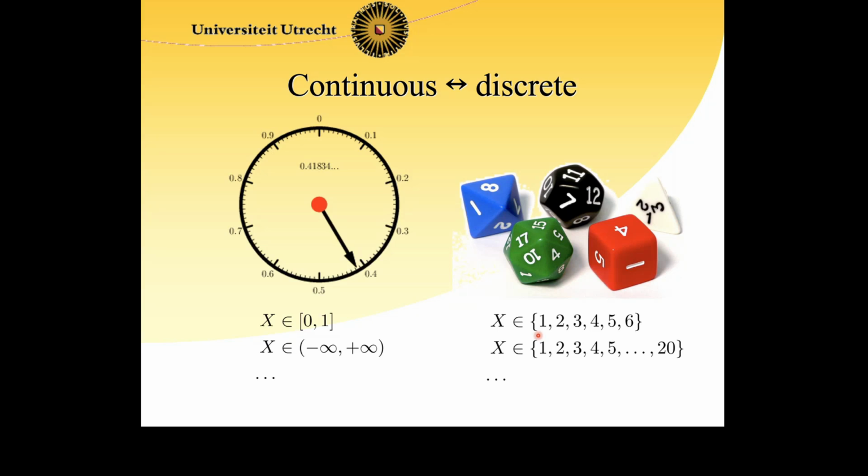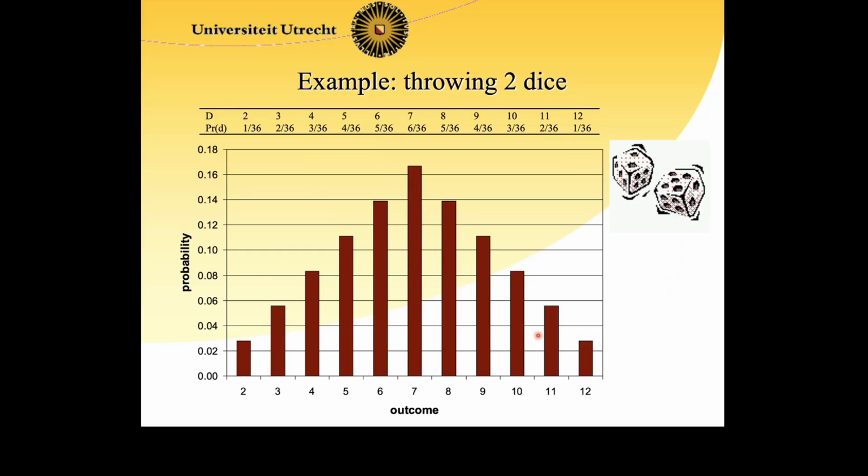Now, like I said, the probability that a certain value or range of values occurs can be obtained empirically, but often it can also be obtained by construction or by reasoning. For instance, if we think about the throwing of two dice, we can actually imagine what the possible outcomes can be, and they range between 2 and 12.